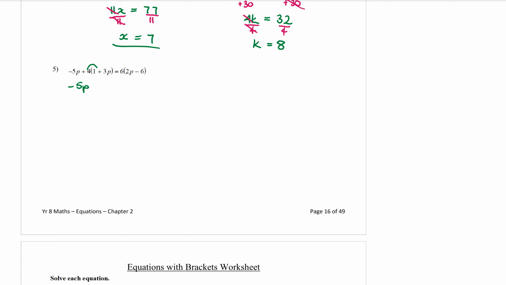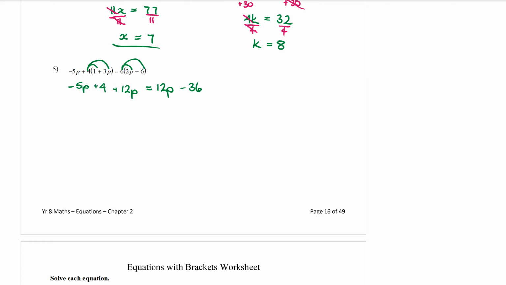So we want to go 4 times 1, that's 4. 4 times 3p, 4 times 3 is a positive 12p. Then we have the equal sign. 6 times 2p, 6 times 2 is 12. Then we have the p. Then 6 times minus 6 makes minus 36.